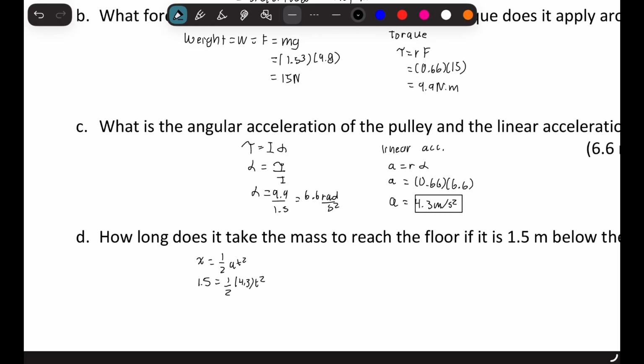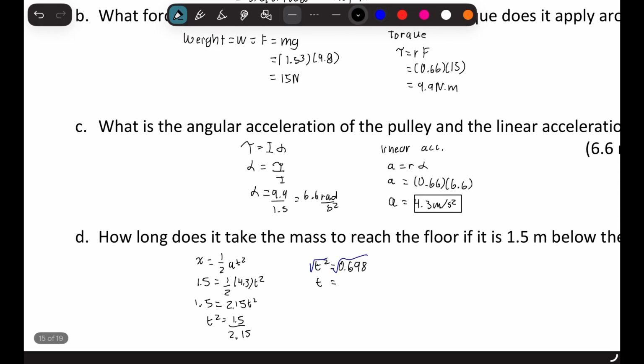And then that's t squared. So that's going to be 2.15 t squared. And then that's equal to 1.5. So we want this t squared. So t squared is equal to 1.5 divided by 2.15. T squared is going to equal 0.698. And t is going to equal the root of this. So t is going to equal 0.84 seconds.